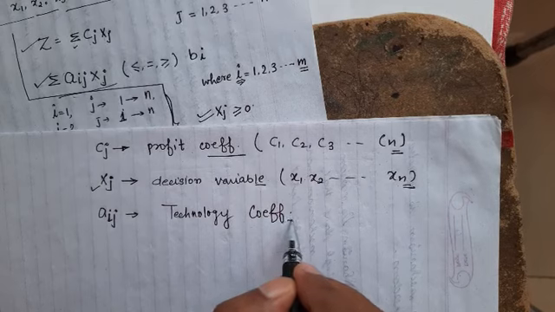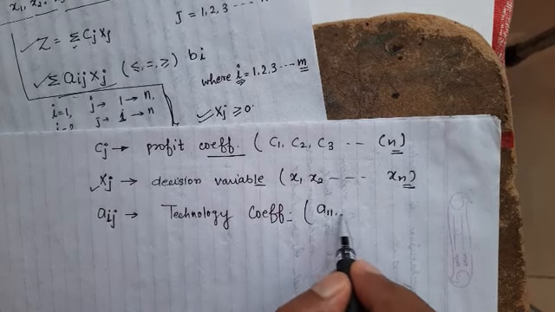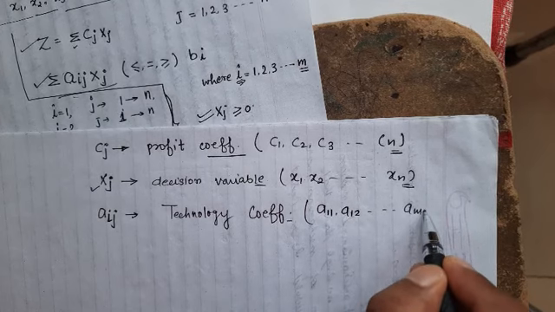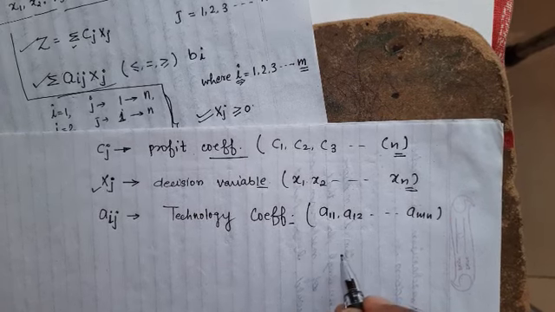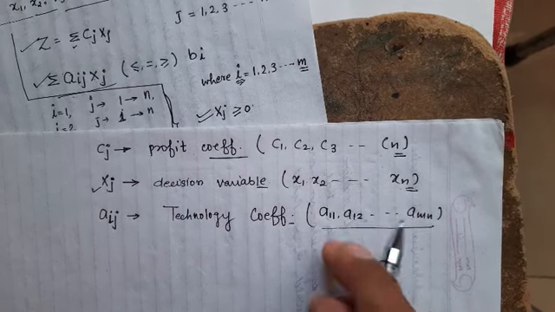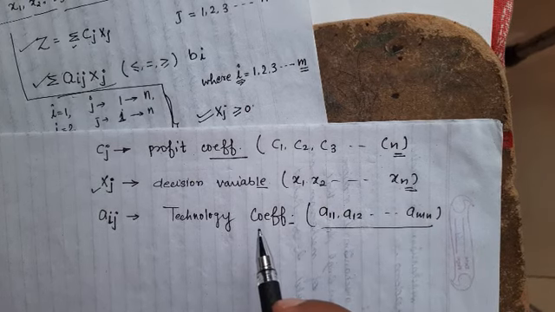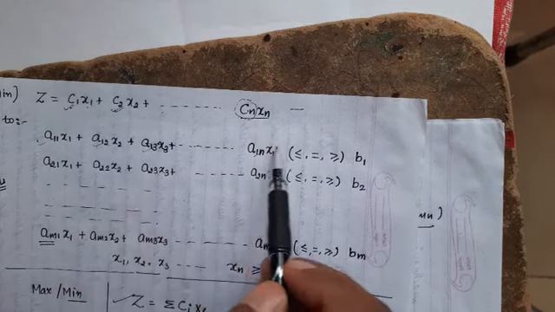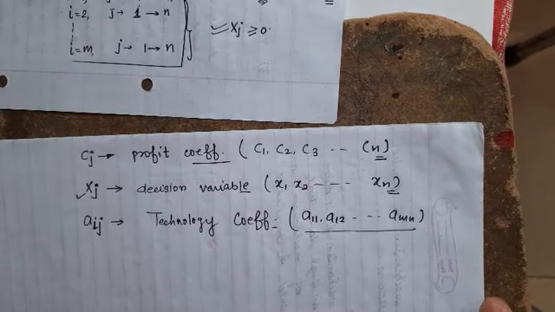So it will have values a11, a12, and finally amn. Likewise, all these values in the first row, second row, third row go to a11, a12, a13, a1n, and finally up to amn. So this will be your technology coefficient.